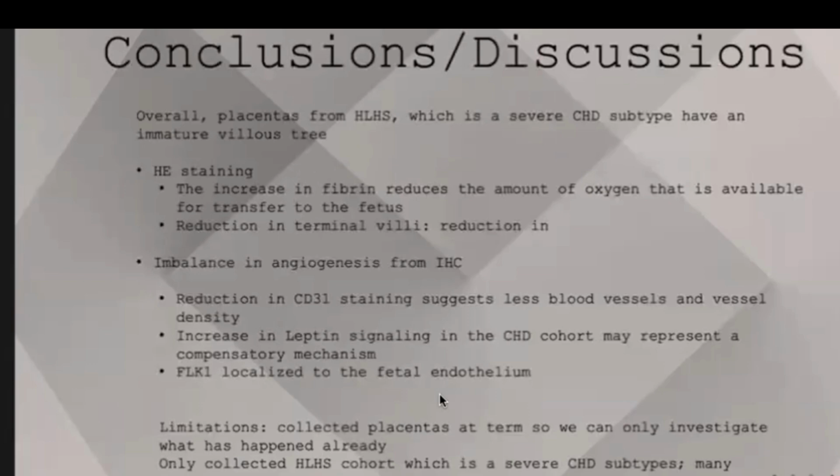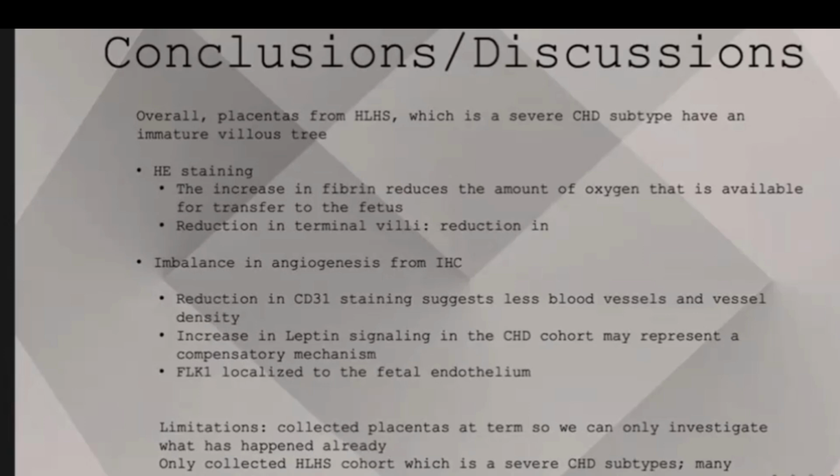So overall, from this study, the placentas from HLHS, which is a severe CHD subtype, have this immature villous tree. From the H&E staining, we can conclude that there's an increase in fibrin, and this overall decreases the amount of oxygen that can actually be transferred to the fetus.